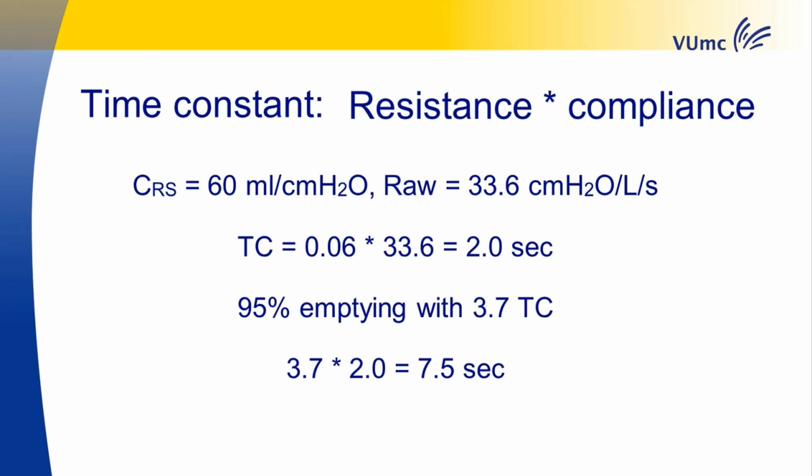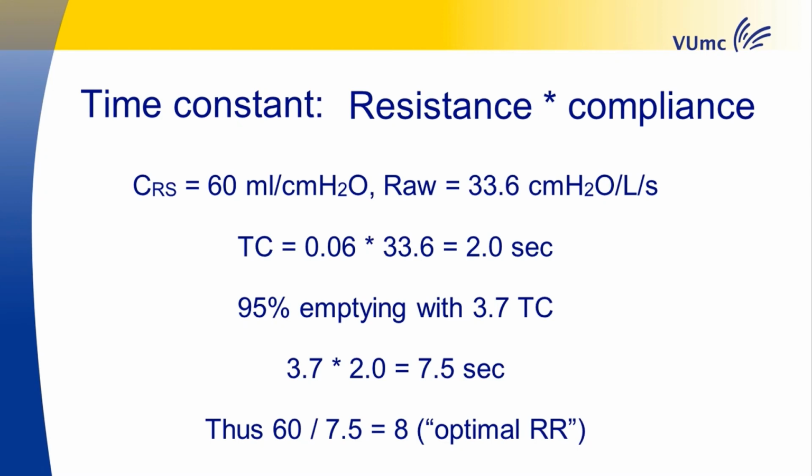7.5 seconds. So what is an optimal respiratory rate for this patient? And again, it's just a very simple physiological approach. It's 60 seconds divided by 7.5. So the optimal respiratory rate for this patient would be 8. And I know, if you have this patient with asthma or COPD, this is really fun. I mean, just calculate these kind of things at the bedside.